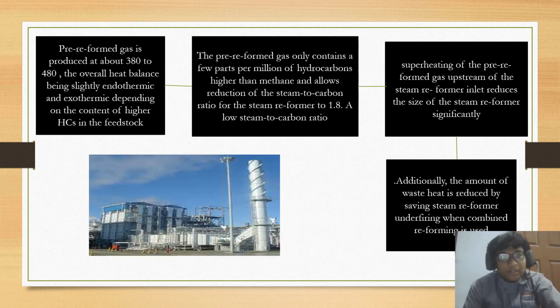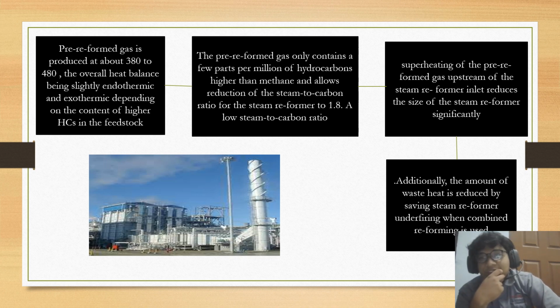So next, the pre-reformed gas is produced at about 330 to 440 degrees Celsius. The overall heat balance is slightly endothermic or exothermic, depending on the content of higher HCs in the feedstock. The pre-reformed gas only contains a few parts per million of hydrocarbons higher than methane and allows reduction of the steam to carbon ratio for the steam reformer to 1.8, a low steam to carbon ratio.